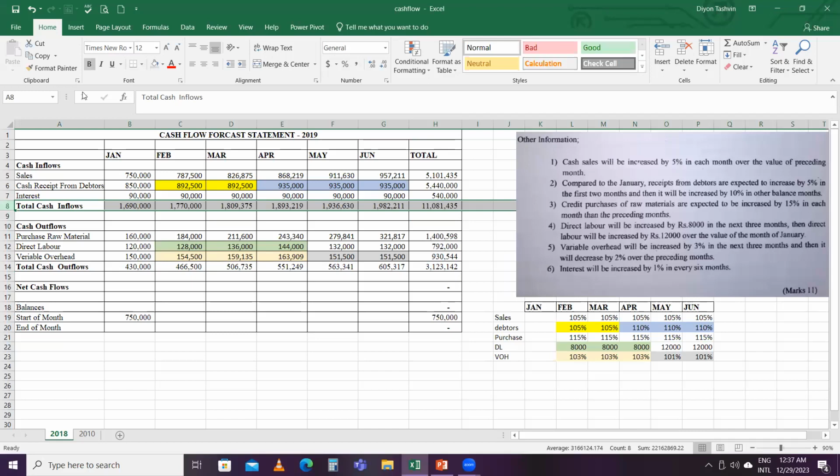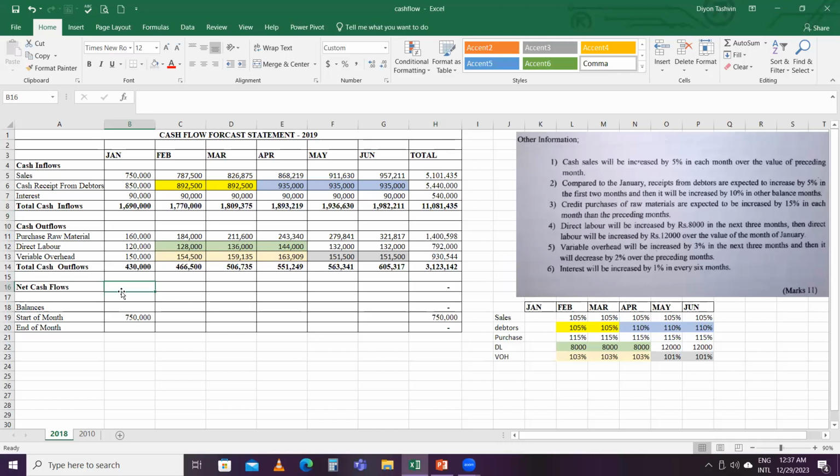So now you have total inflows, you have total outflows, which means you can calculate the net cash flow. Net cash flow means total cash inflow minus total outflow. Now we are going to calculate the balance.